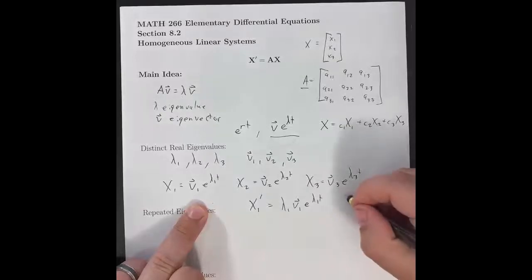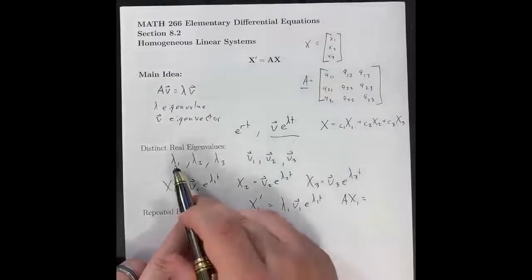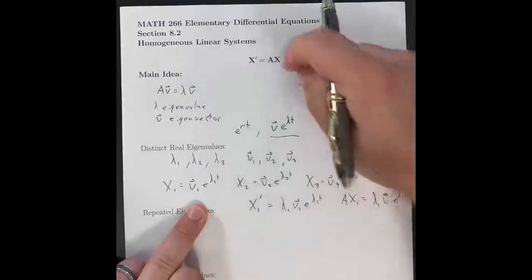If we also think about A times x1, we know v1 is an eigenvector with corresponding eigenvalue lambda 1, so we get the same thing: lambda 1 v1 e to the lambda 1 t. The scalar e to the lambda 1 t just hangs on there. So we see that this does solve the differential equation.